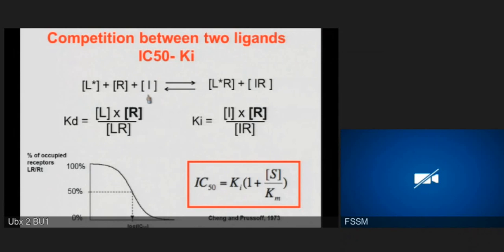So now the law of mass action is a little bit more complicated because you have two distinct species.